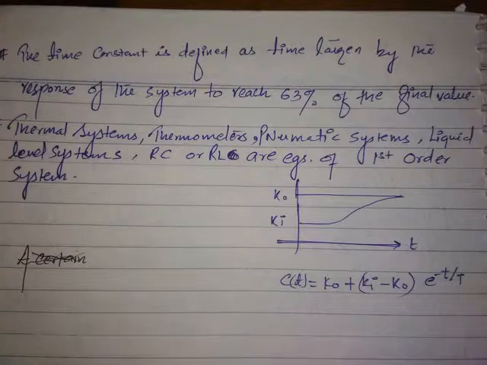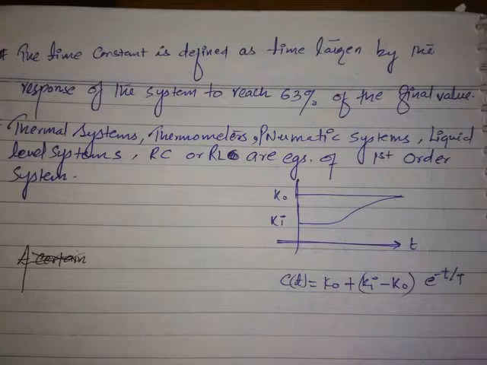So we show this is the steady state value K0, and this is some already reached steady state value which is Ki. So the response is not beginning to change from 0 onwards. It is changing from Ki onwards.